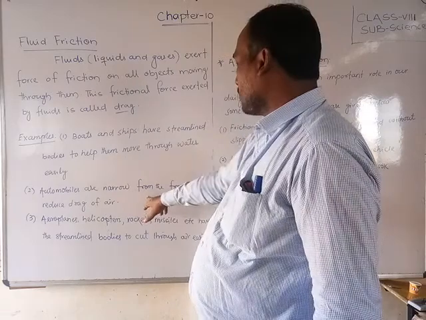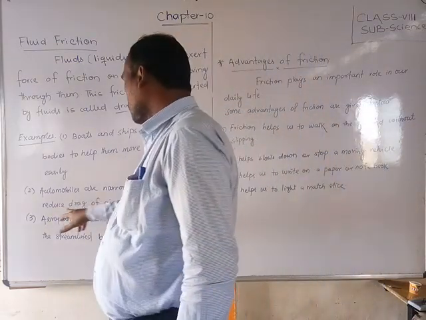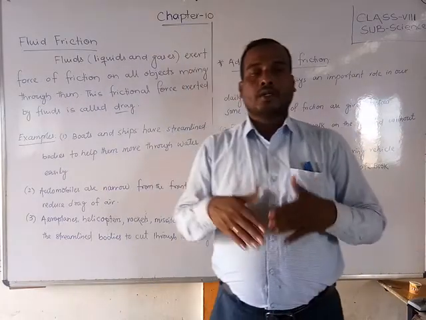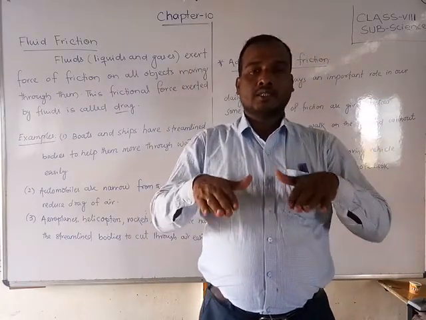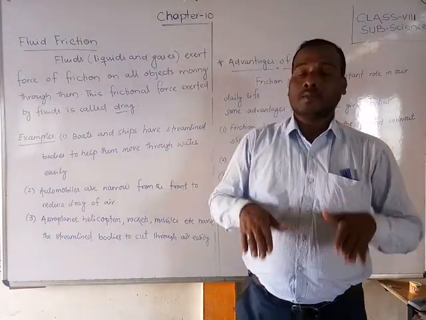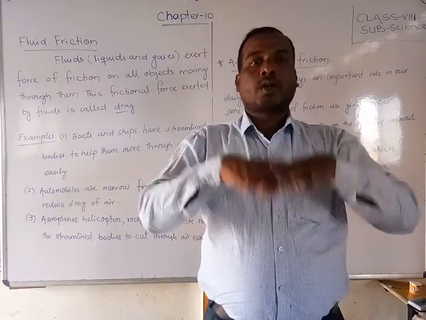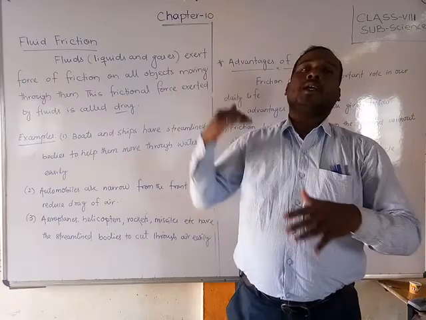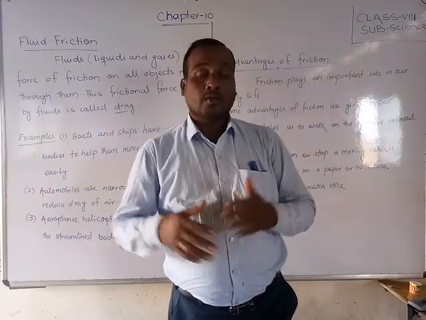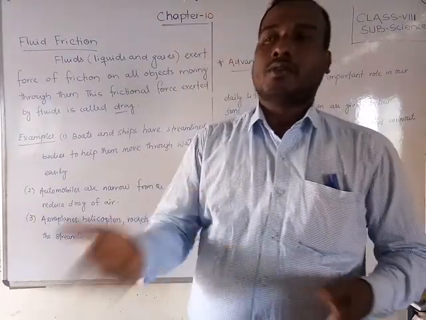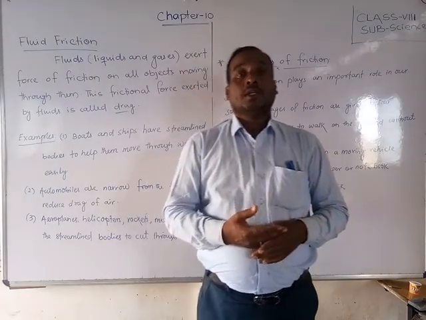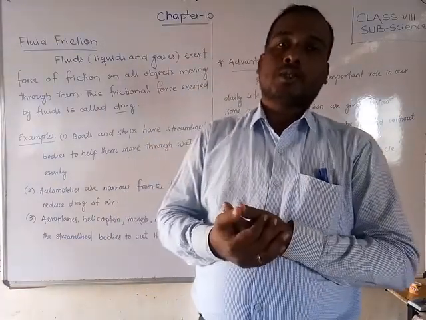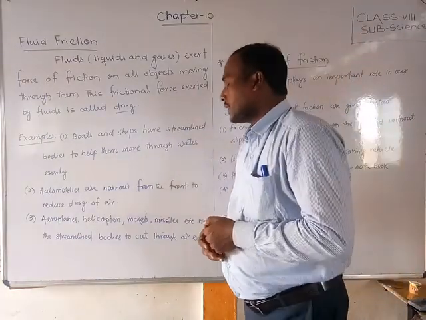Automobiles are narrow at the front to reduce the drag of air. If you observe a car or bus, the front is narrow and the back is wide, so when it moves it won't oppose the air much, and the friction decreases.